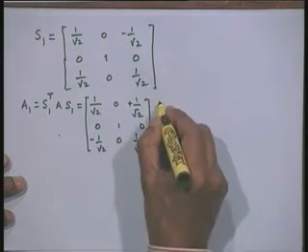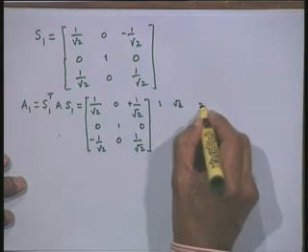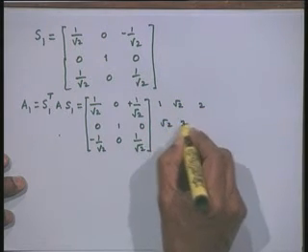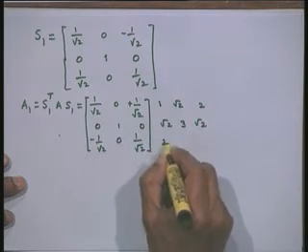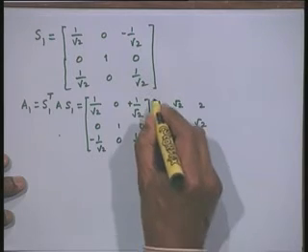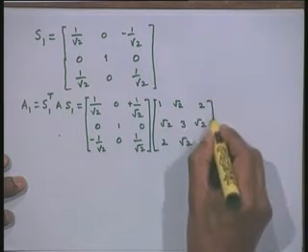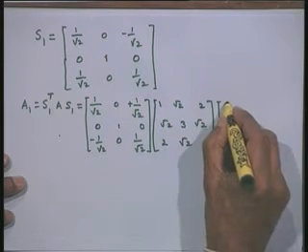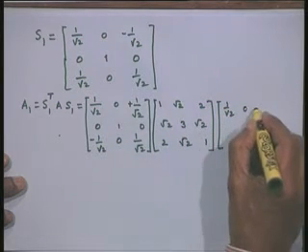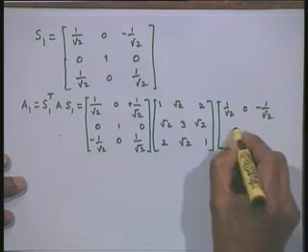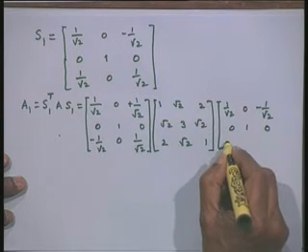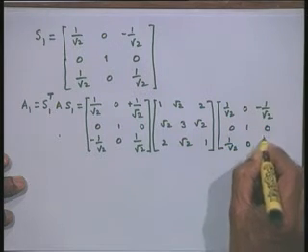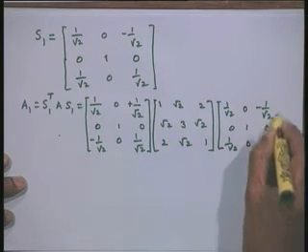The matrix A is 1, root 2, 2; root 2, 3, root 2; 2, root 2, 1. Then we have S1, that is 1 upon root 2, 0, minus 1 upon root 2; 0, 1, 0; 1 upon root 2, 0, 1 upon root 2.